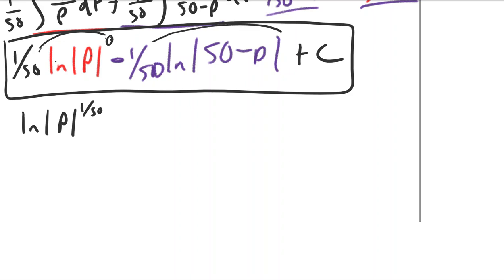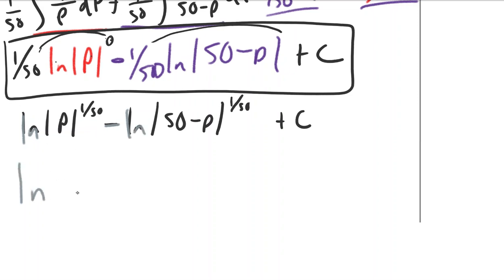So pull up the 1 over 50 on both of those. And then to get the other answer in the solutions, notice this is a natural log minus a natural log. So if those are the same type, we can condense those natural logs into a division. We can condense subtraction into division. First part is the numerator.